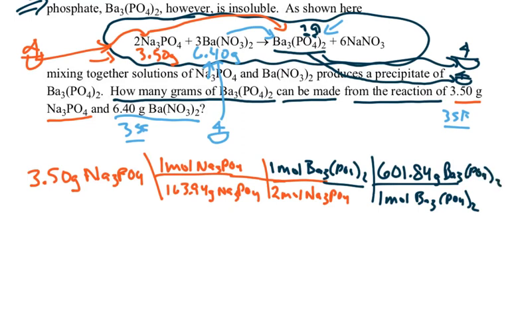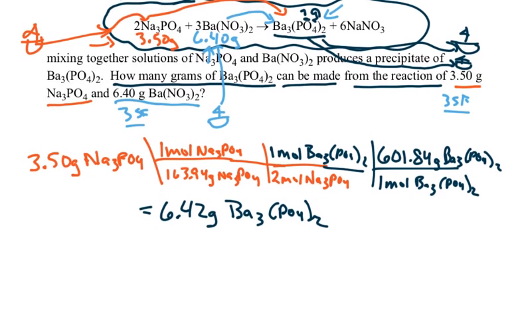Okay. And so that, if we did that reaction as it is, we would make 6.42 grams of Ba3PO4. Okay. So, starting with the 3.5 grams of sodium phosphate.